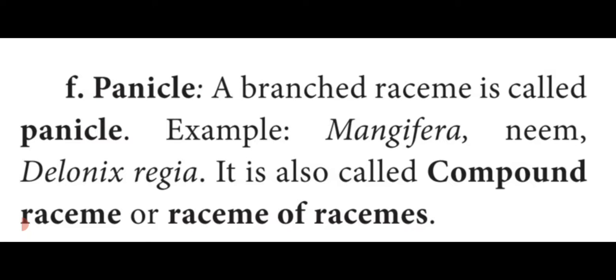That is known as panicle. That's why it is given so: a branched raceme is called panicle. Example, Mangifera, mango; neem, Vepamaram; Delonix regia. This panicle inflorescence is known as compound raceme or raceme of racemes.